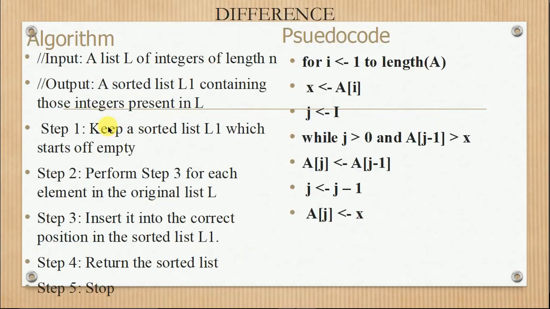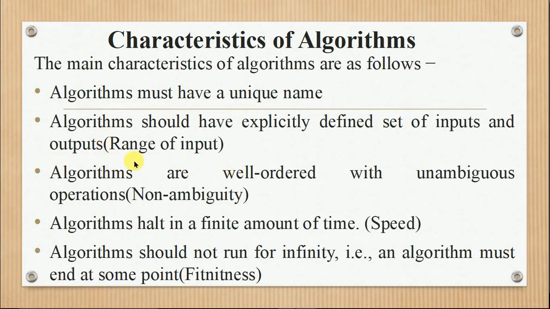Once you are able to design the proper algorithm, you should be aware of what inputs are necessary to execute the program for the designed or developed algorithm, and what output I can expect. That should be clear.